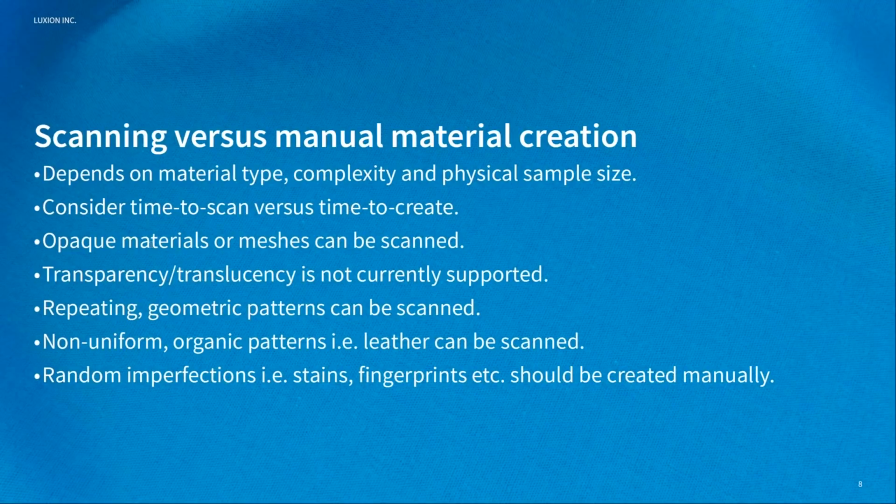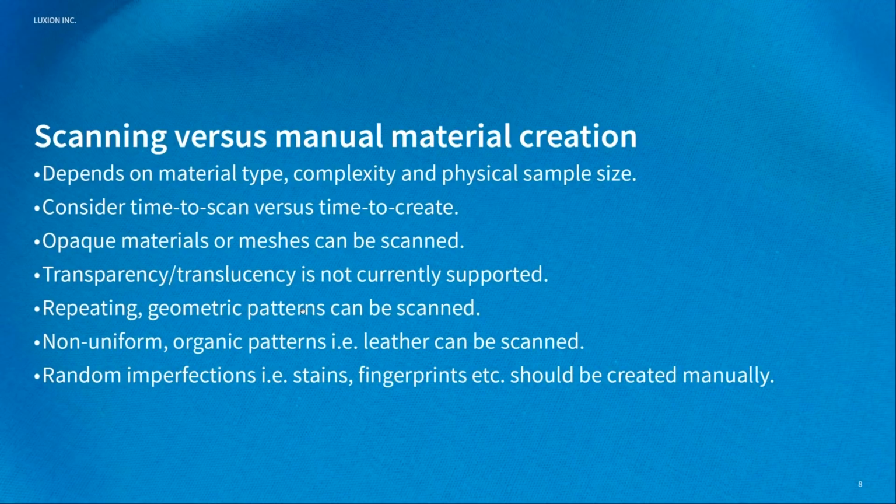So yeah, the opaque materials can definitely be scanned. Also, meshes can be scanned. So, not transparency, but actual opacity, that can definitely be captured with the X-Rite scanner. The repeating geometric patterns are great for scanning.